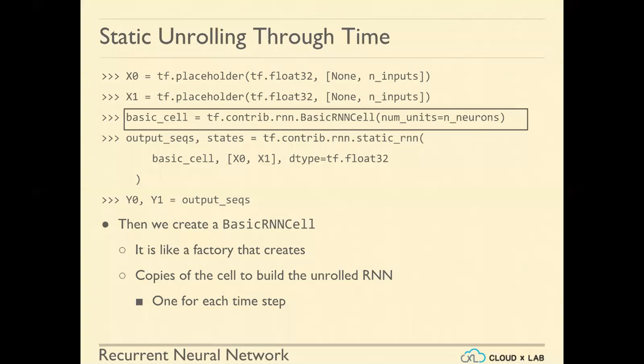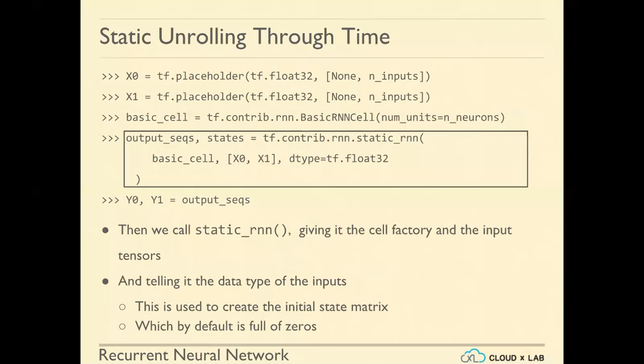Every time a new input comes, a new cell will happen, and the output of the previous cell will be fed to the next one. So static RNN takes the cell factory, the input tensors, and the data type of the inputs. This is used for creating the initial state matrix, which by default is full of zeros.